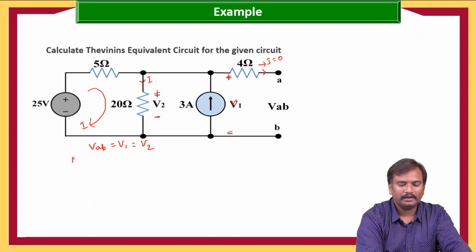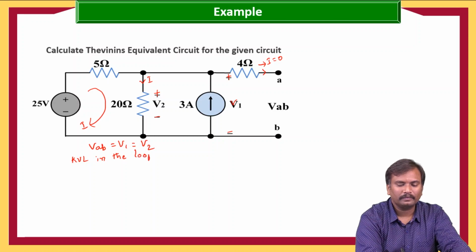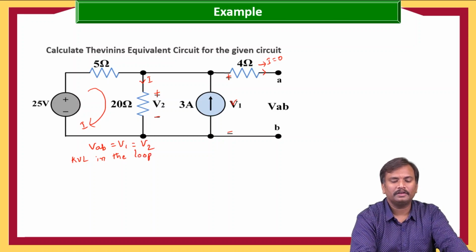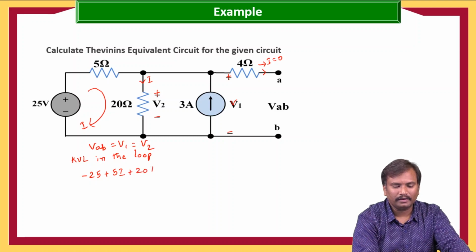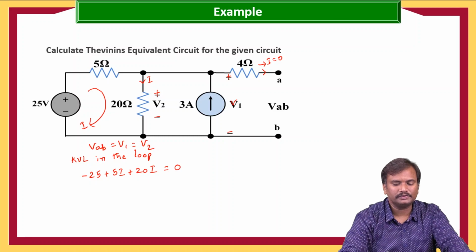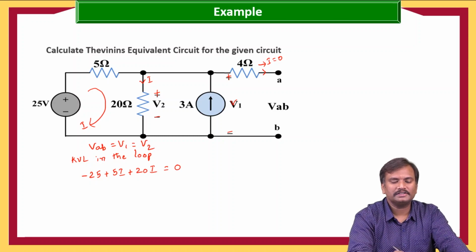By writing KVL in the loop, that is minus 25 plus 5 into I plus 20 into I, which is equal to 0, because here the current is entering the negative terminal.